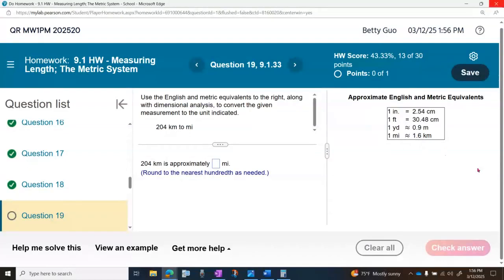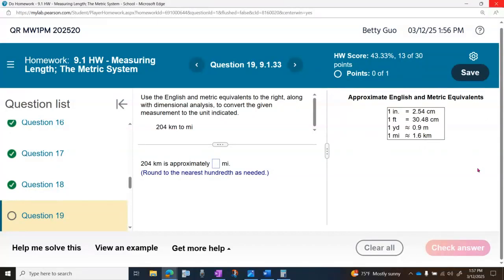And you tell me, between miles and kilometers, is a mile a bigger unit or smaller unit? Let me repeat my question.